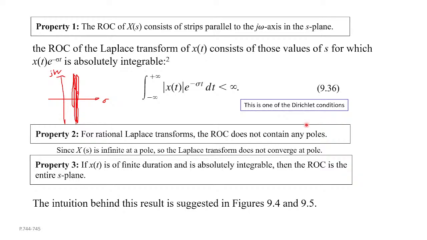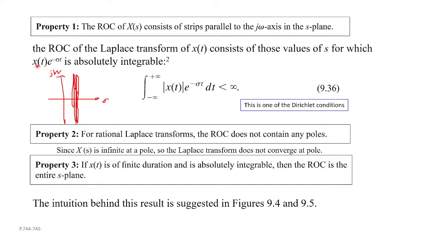But anyway, if you want more details, you can look at the book, and you have the reference in this footnote, and you can study the details of the convergence of the Laplace transform. For now, we just use this easier condition: the corresponding Fourier transform function being absolutely integrable.